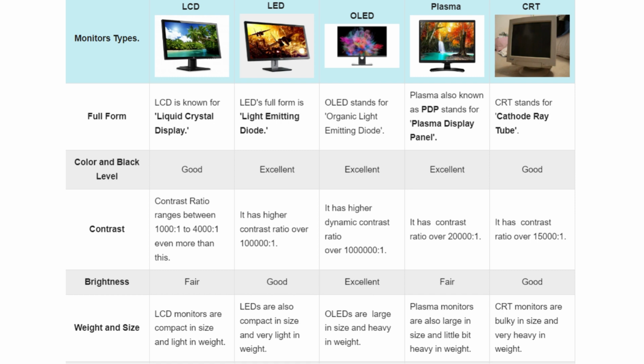LCD and LED are lightweight and you can carry them easily. OLED is a bit large and a bit heavyweight. But quality wise, LED and OLED have an excellent display.